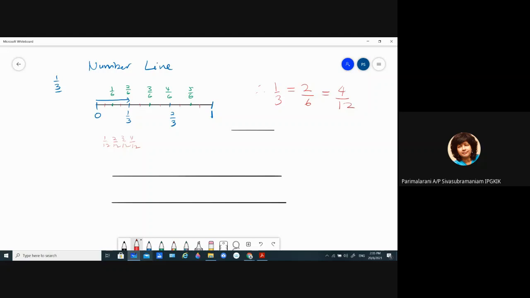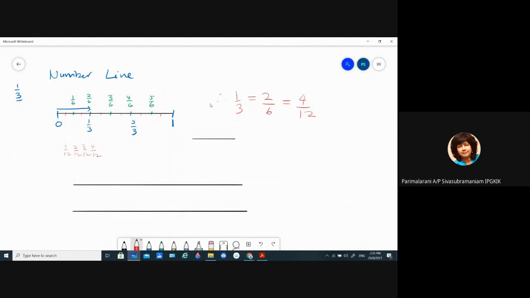Once students know how to do this, and you have done many examples and they can see relationships like this, from here you teach them to come up with the algorithm. How did they get 1/3 equivalent to 2/6?